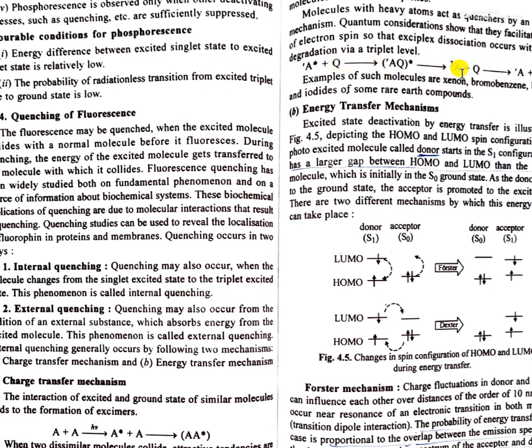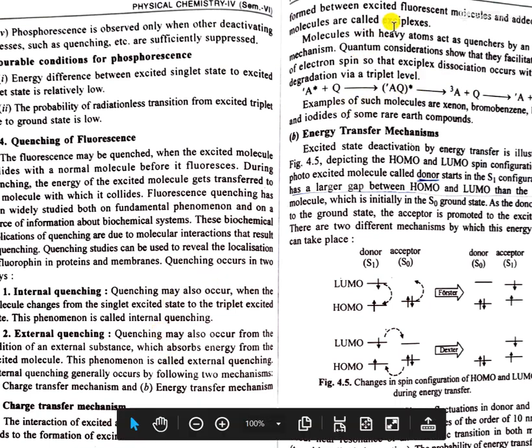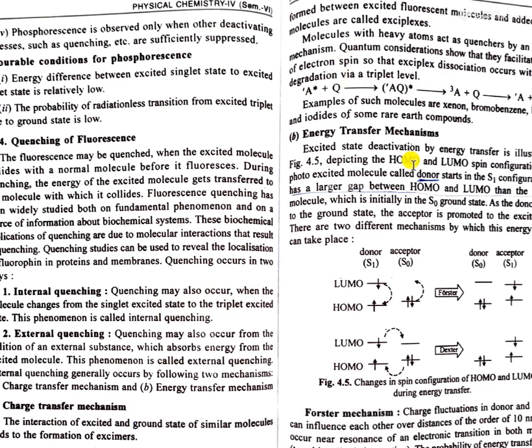So an association between two different molecules of this type is called an exciplex. So by these two ways, charge transfer mechanism or external quenching can occur.